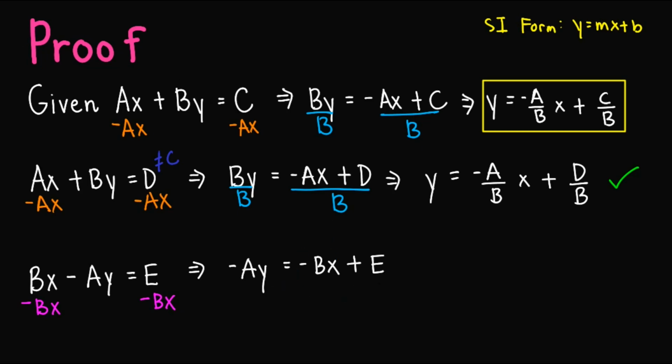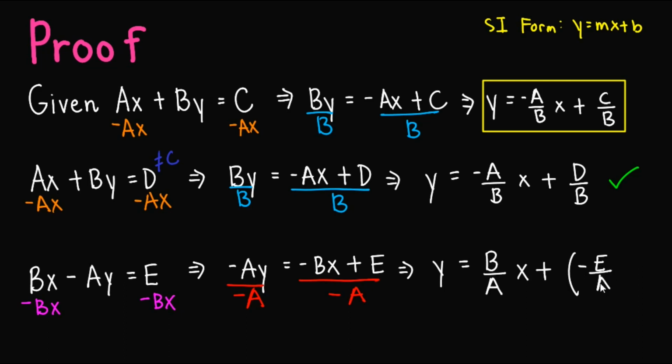After this, we divide both sides by negative a to obtain y equals b over a times x plus negative e over a. And now let's compare this to our given equation in slope-intercept form.